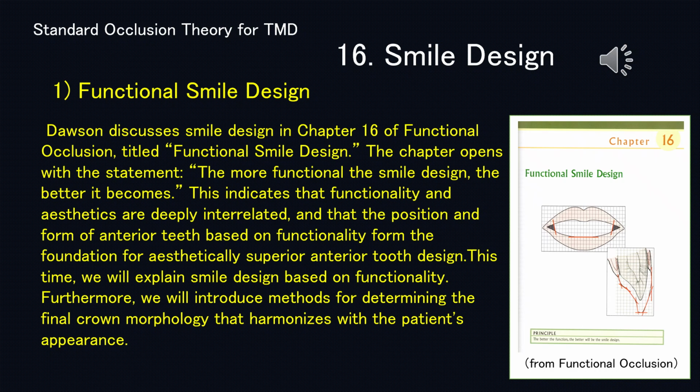This indicates that functionality and aesthetics are deeply interrelated, and that the position and form of anterior teeth based on functionality form the foundation for aesthetically superior anterior tooth design. This time, we will explain smile design based on functionality. Furthermore, we will introduce methods for determining the final crown morphology that harmonizes with the patient's appearance.